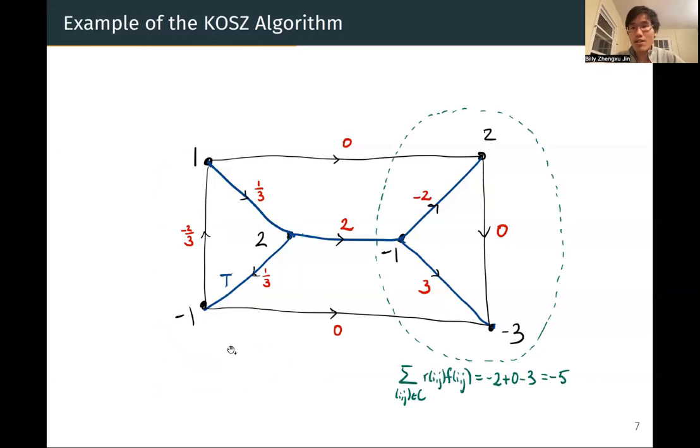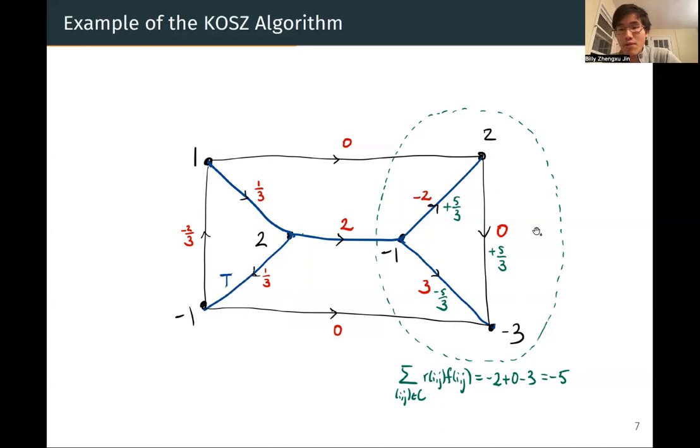In the next iteration, the algorithm samples another fundamental cycle. KPL is not satisfied because the sum is equal to -5. And so the algorithm pushes the constant amount of flow along the cycle to satisfy KPL. Note that the flow values pushed are plus 5/3, plus 5/3, and minus 5/3 here, because this edge here is directed in the opposite direction compared to the other two edges.